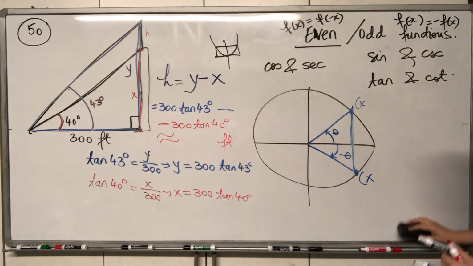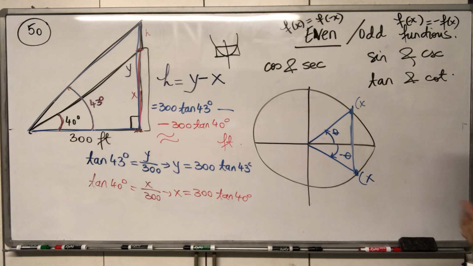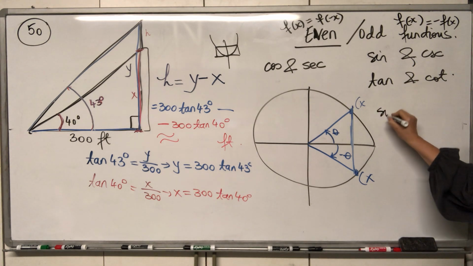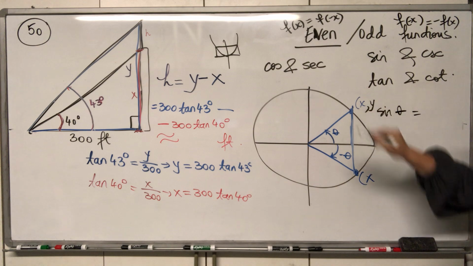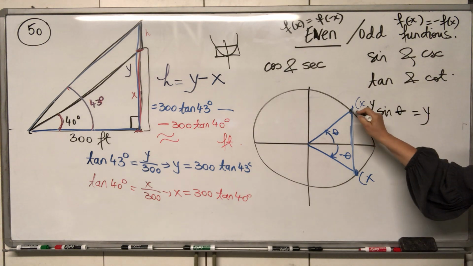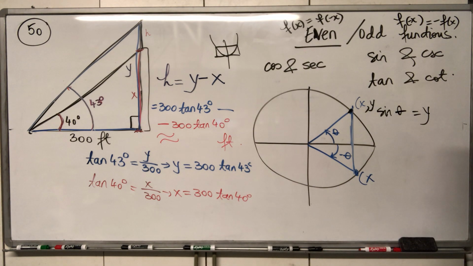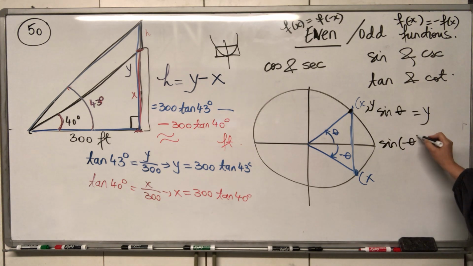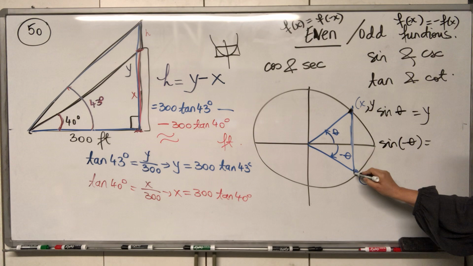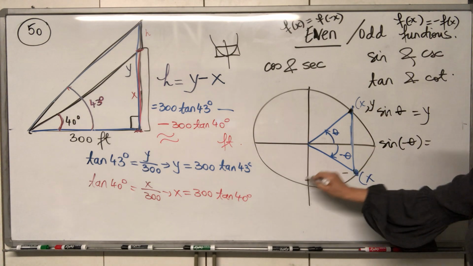Same angles. And let's see why sine is odd. What's sine of theta? Well, sine of theta is the y-coordinate of this point. Yes, that's what sine is. It's the y. Great. What's sine of negative theta? Well, looking down here, is it the same y?